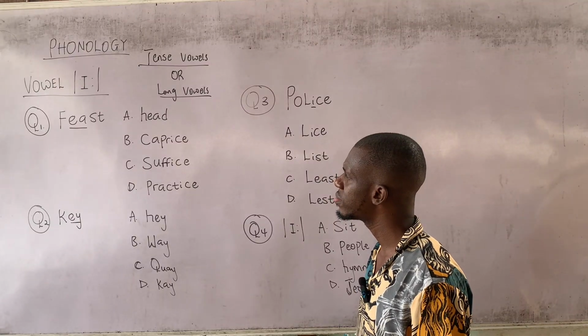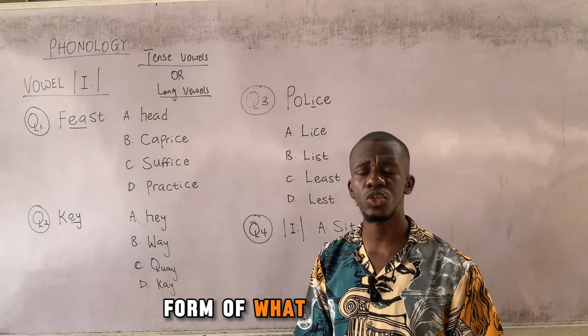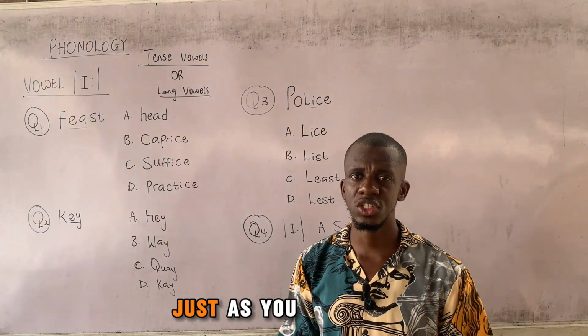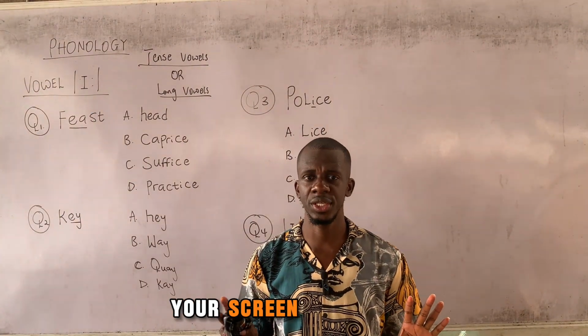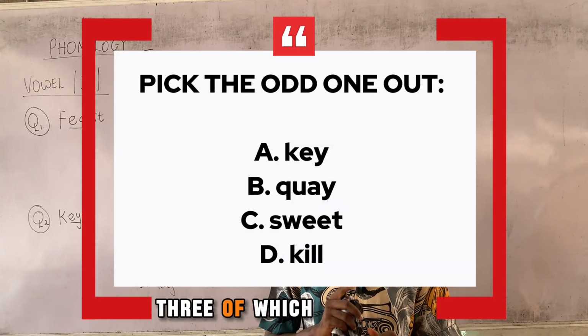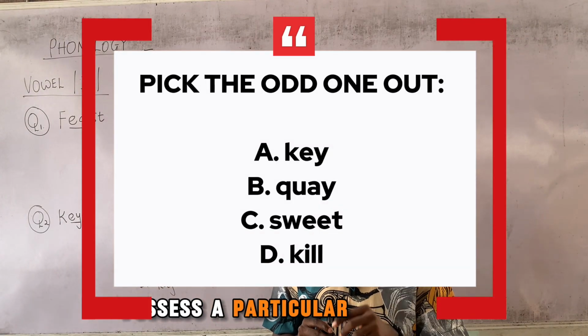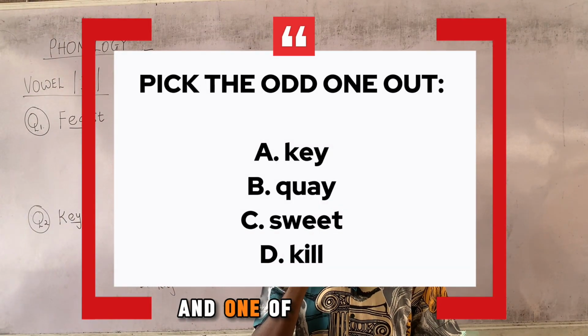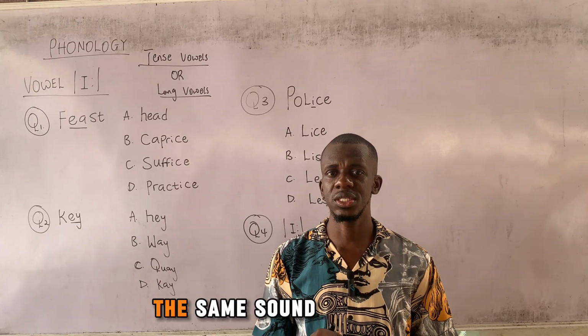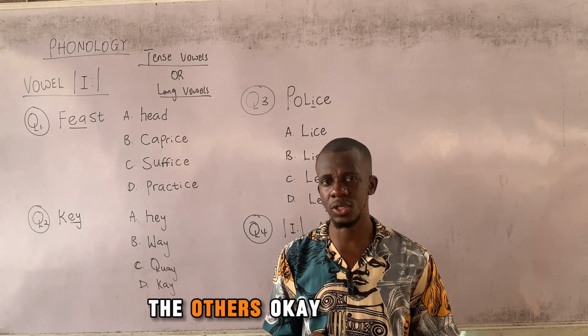Also, it could be tested in the form of what we call pick the odd one out, just as you can see on your screen. You are given 4 options, 3 of which possess a particular sound, and 1 of the 4 does not have the same sound as the others.